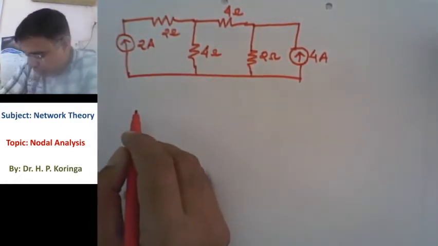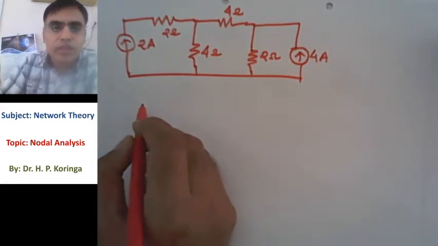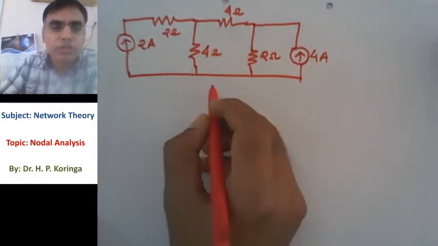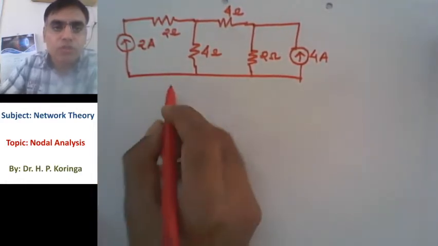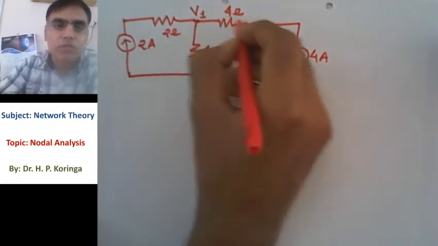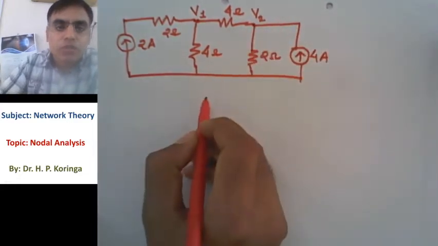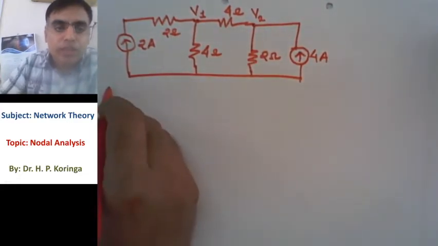So here the question is to find the unknown node voltages with respect to the reference node, unknown node voltages V1 and V2. So what are the steps in a nodal analysis?